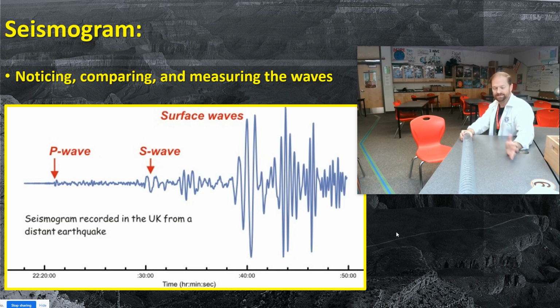It is the second one to arrive, and it moves like this. Side to side. We feel it vertically, but this slinky is good at showing it side to side. So again, watch the difference. Push wave, very fast. Shear wave, a little bit slower.